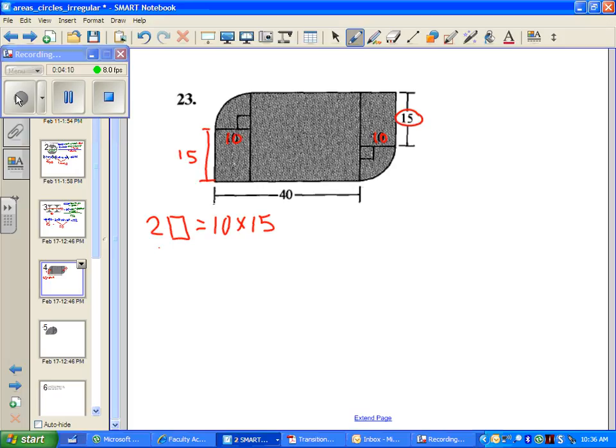Then you have a big rectangle in the middle that has a height of the 15 plus, since this is 10, this over here is 10 also because those are radii of the same quarter circle. So this is also 10, that's 15. So we know that the height of the big rectangle is 25.